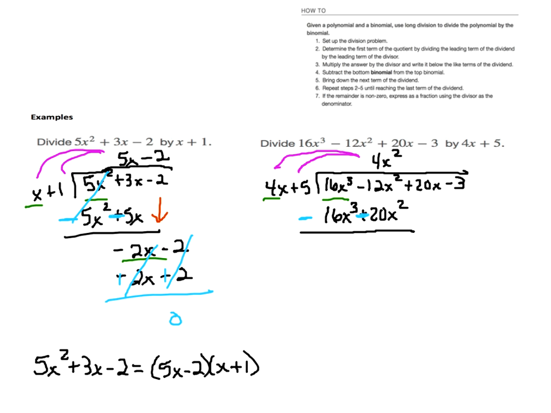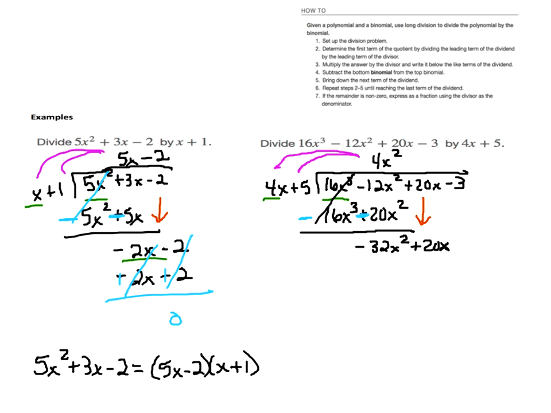And combine down. 16x cubed and negative 16x cubed zero out. Negative 12x squared and negative 20x squared make negative 32x squared. I'm ready to bring down. And I'm bringing down a positive 20x.